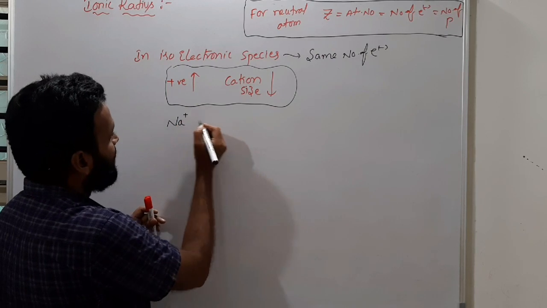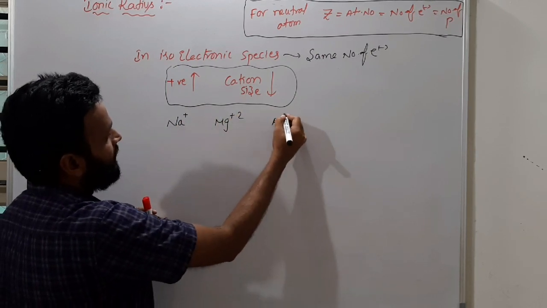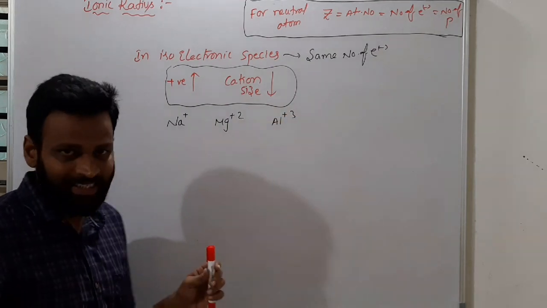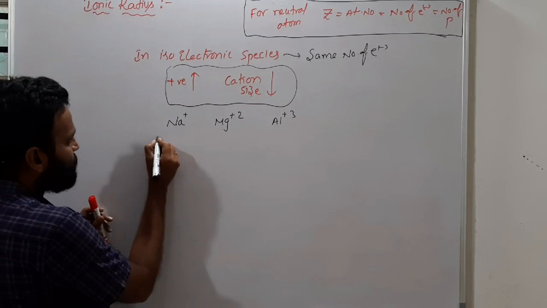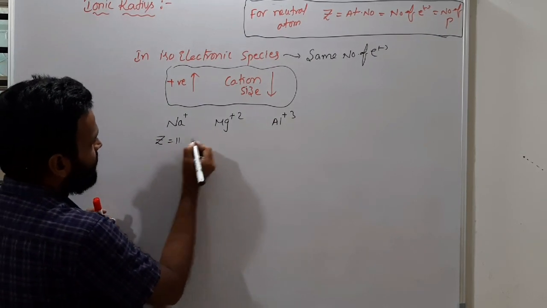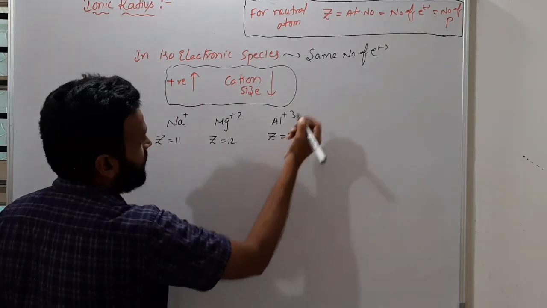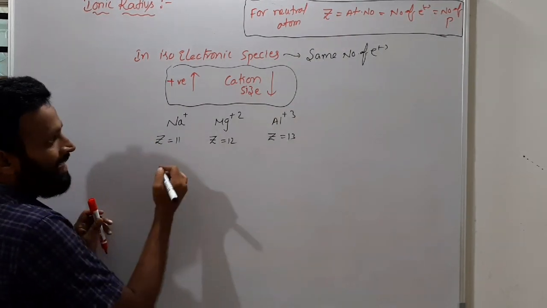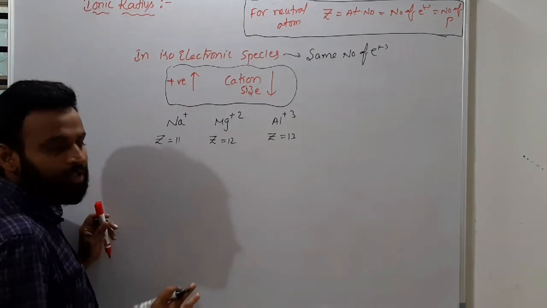So here I will consider Na+, Mg2+ and Al3+. I am considering these three. These are isoelectronic, no doubt, because here Z is 11, here Z is 12, here Z is 13. As I told you, the number of electrons will change, but protons will never change.